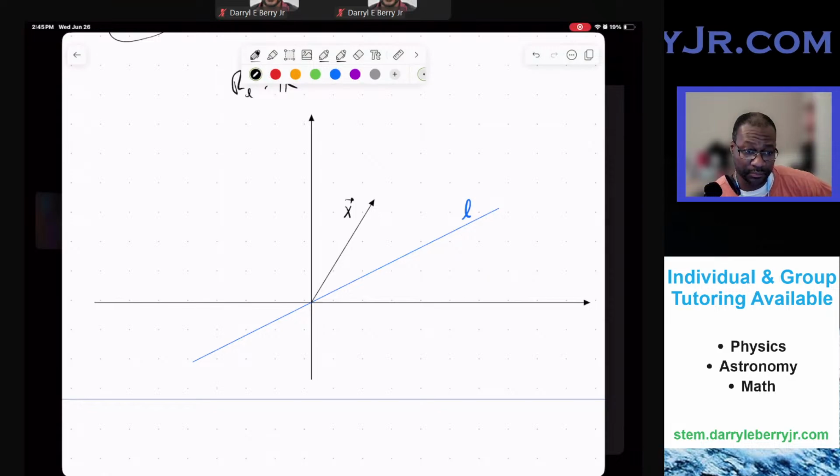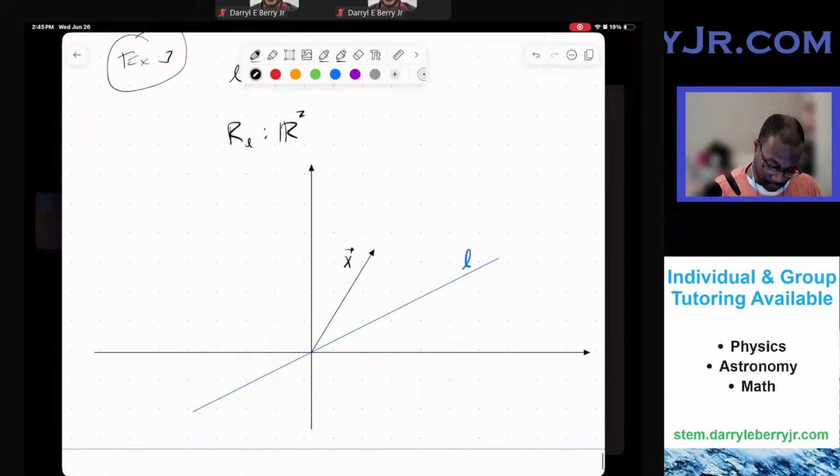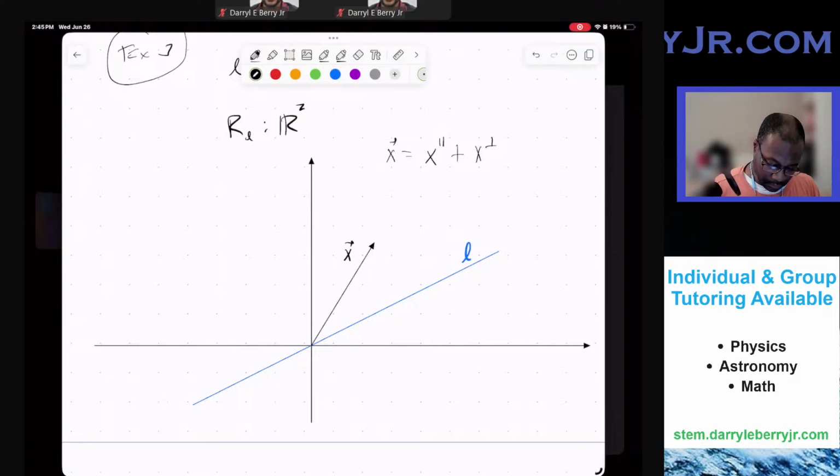Reflection across L. So X equals X parallel plus X perpendicular, and that's perpendicular and parallel to L. This is X parallel, and this is approximately X perpendicular. So it'll be only as tall as X on the perpendicular.